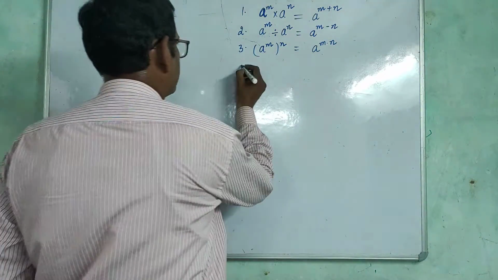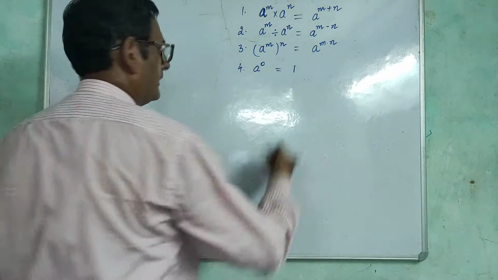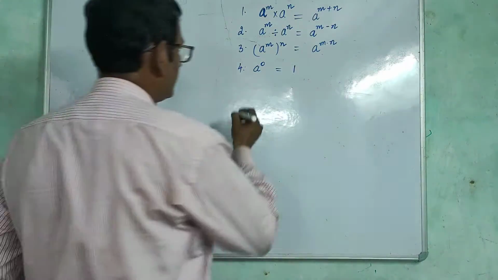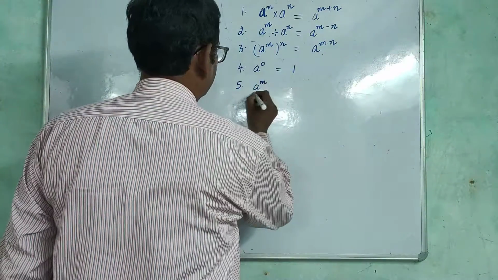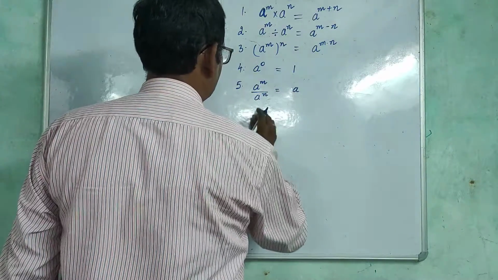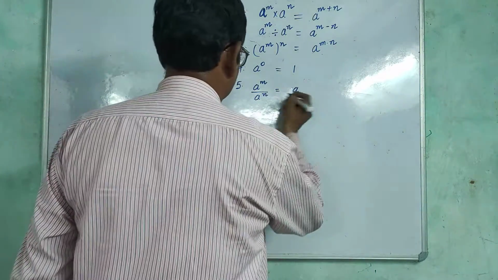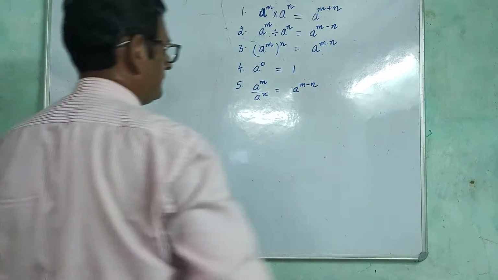Next thing, a raised to the power of 0 equals 1. Next, a to the power of m upon a to the power of n equals a to the power of m minus n.